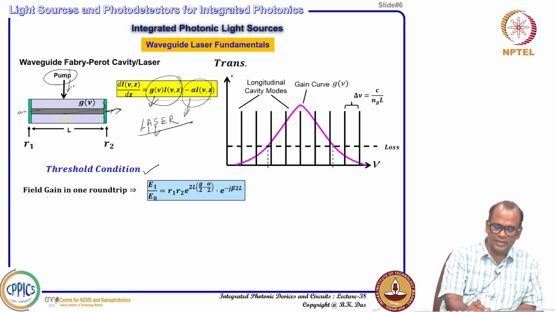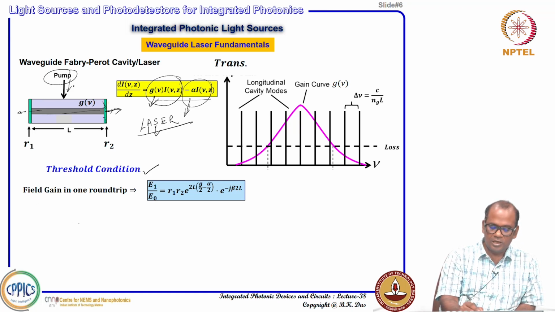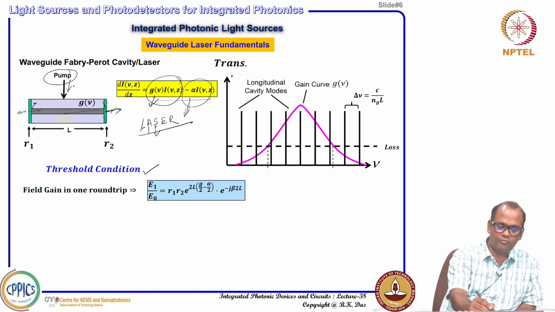Now, you see the field gain in one round trip. Suppose initially your field, at any instant of time, is E naught.